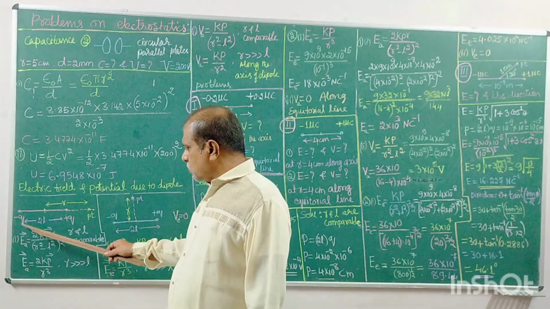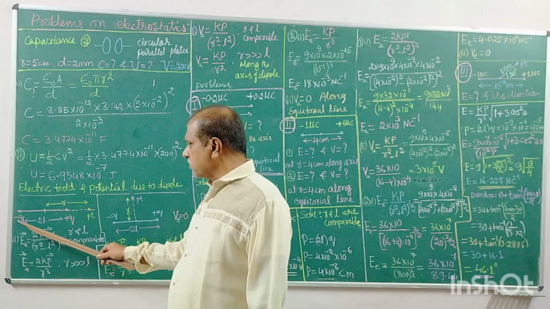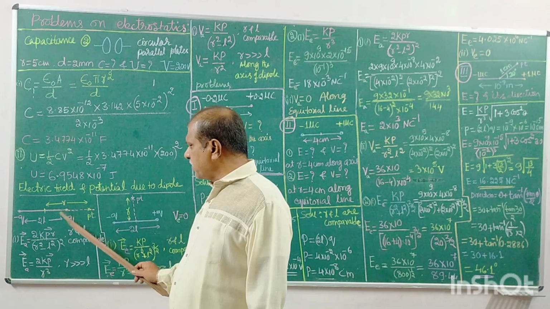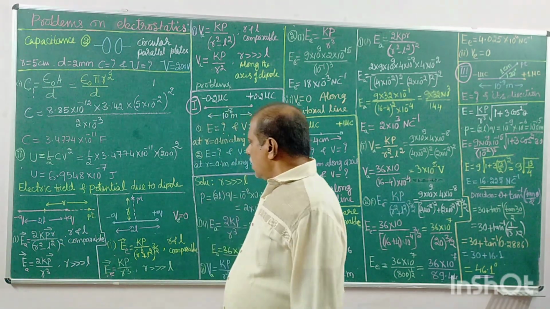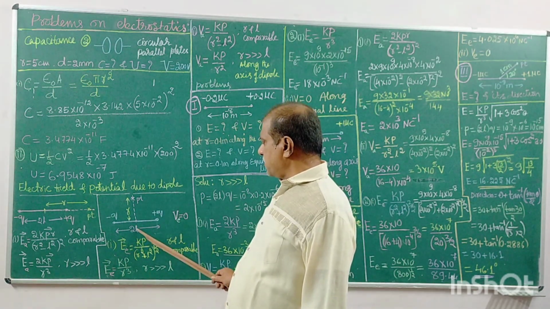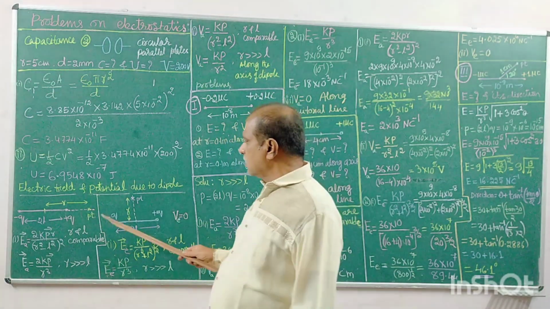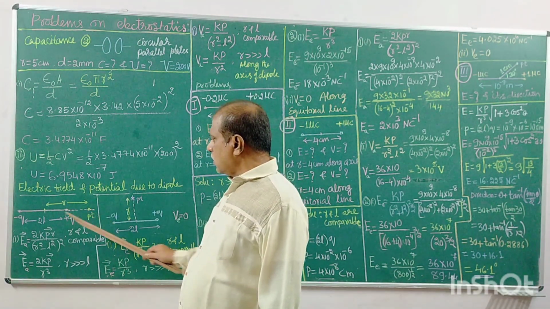Dipole means two charges of the same magnitude but opposite in sign, minus and plus. The two charges are separated by a distance 2L, the usual notation. Minus Q, plus Q, distance of separation between them is 2L, and this line is called the axial line of the dipole, along the axis.